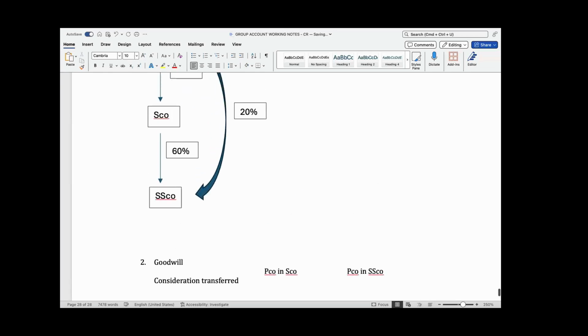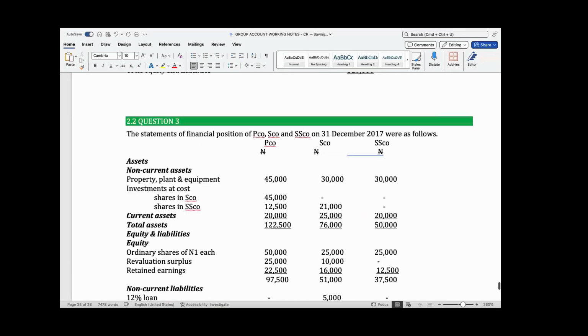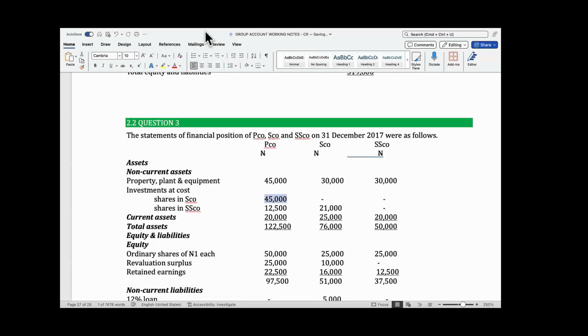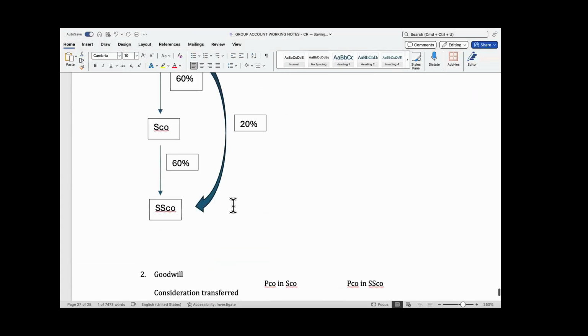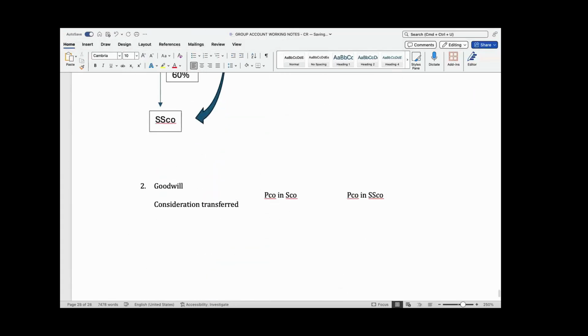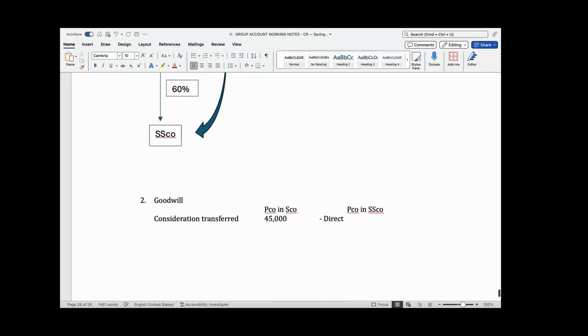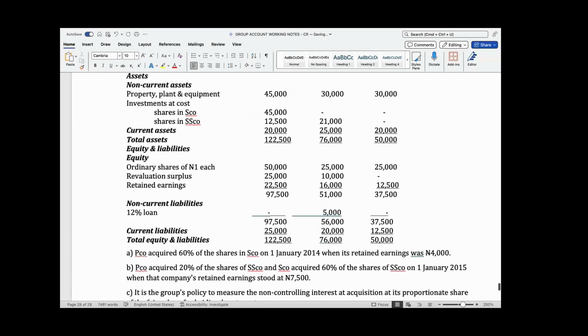How much did PICO pay to acquire ESCO? It paid 45,000. So how much did PICO pay to acquire SSCO? There was one he bought directly, the 20%.